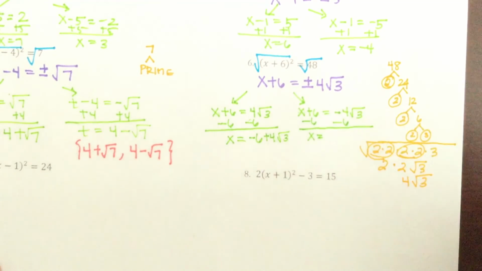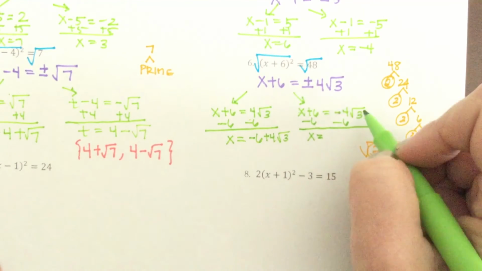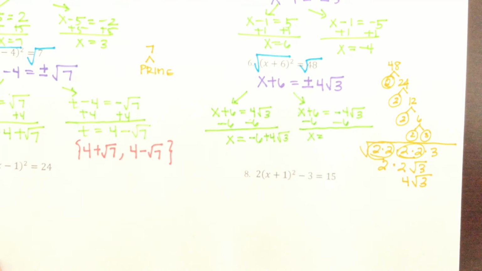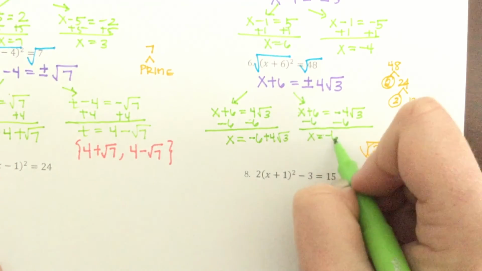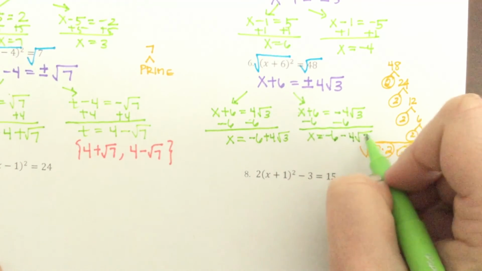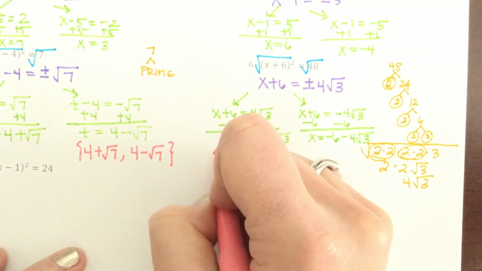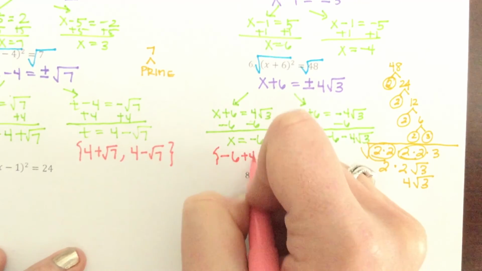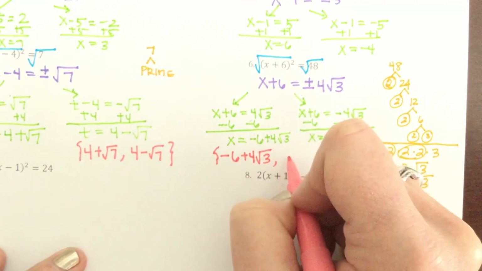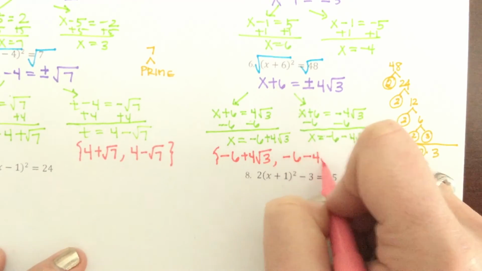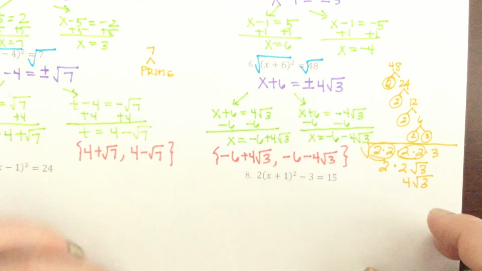So x is equal to, and again, we cannot combine these things because one of them has a radical and one of them does not. But what we can do is write the whole number part and then know that in this case we have a minus, or are subtracting, 4 square roots of 3. So we do have two solutions here. One of them is -6 plus 4 square roots of 3. The other is -6 minus 4 square roots of 3.